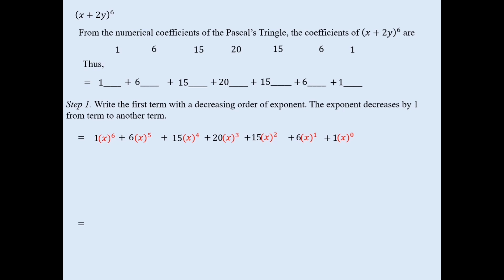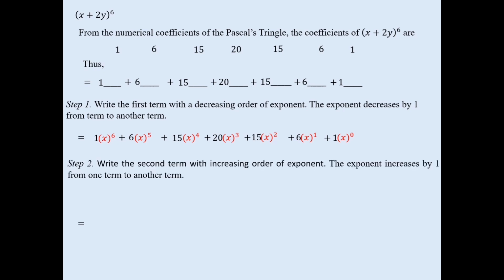So yan ang ating step number 1. So gagawin natin to step by step para mas klaro. Then step number 2, that's for the first term. For the second term, we will write it in increasing order of exponent. That means to say the exponent increases by 1 from one term to another. And take note that our second term is 2y.